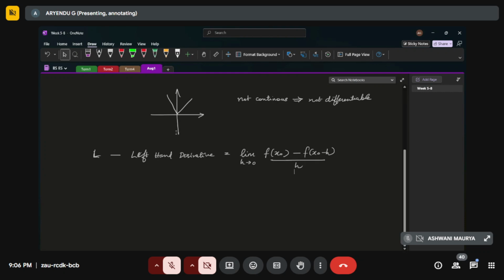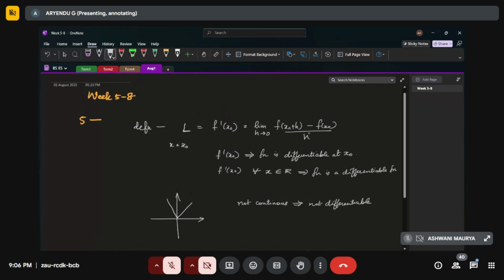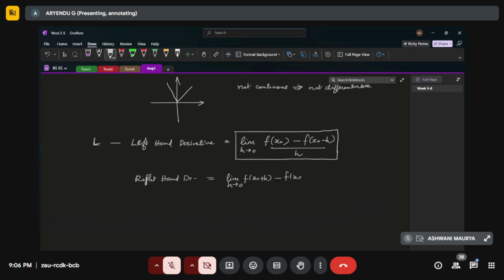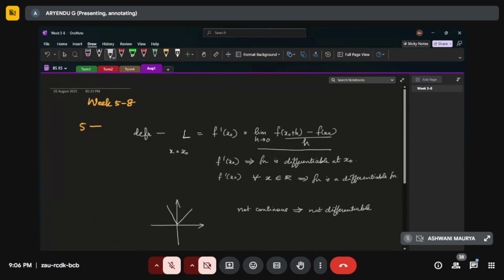The traditional function that we use to define the derivative is what we use from the right hand side. So this is the equation for the left hand derivative. And the right hand derivative is limit h tends to 0, f of x naught plus h minus f of x naught by h, which is what we discussed initially in the definition of the derivative.